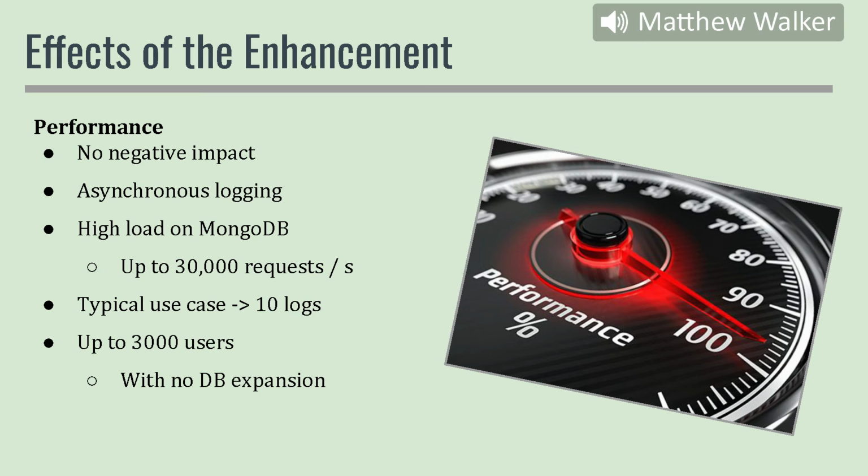A typical use case scenario for a user involves approximately 10 logging requests. Therefore, without expanding the logging database, Coviscan should be able to handle up to 3,000 concurrent users without performance impacts. Overall, negative performance impacts of the enhancement will be marginal or non-existent. Users should expect to have the same fast and responsive experience as that of the pre-enhancement application.